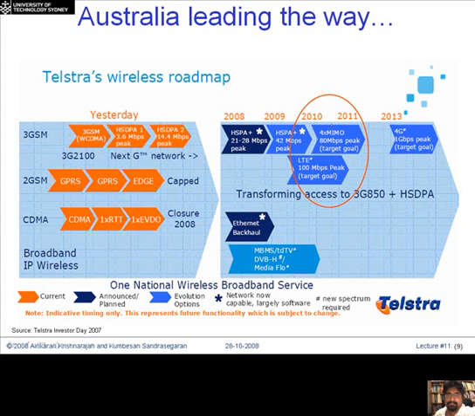By 2011, Telstra has a plan to start putting in MIMO, and then they're also planning to do some test networks with LTE. So some of the operators in Australia are planning to do this in the next couple of years.